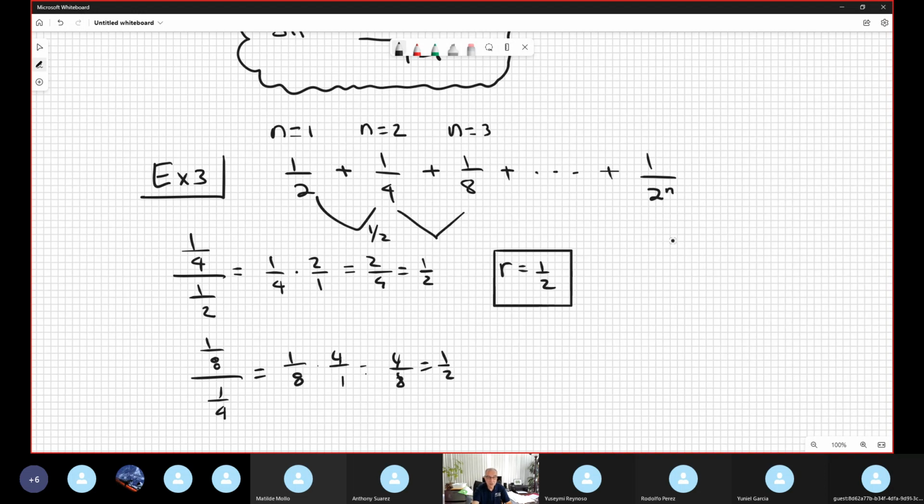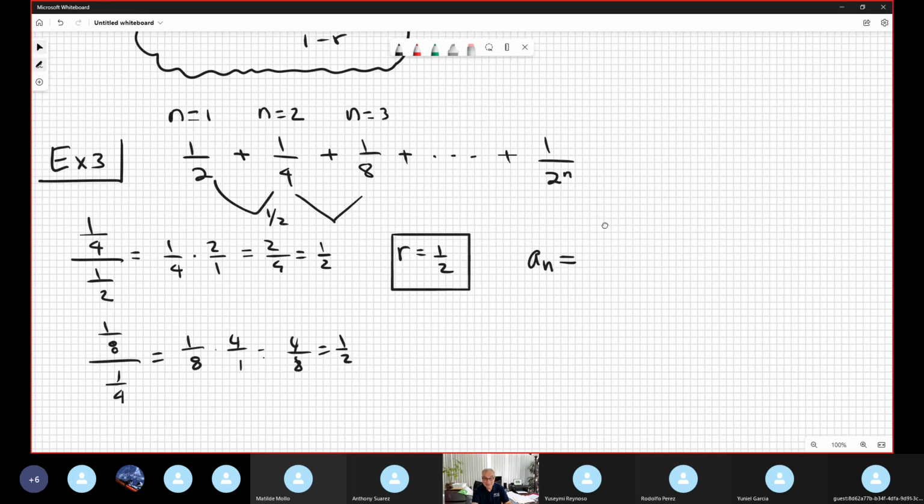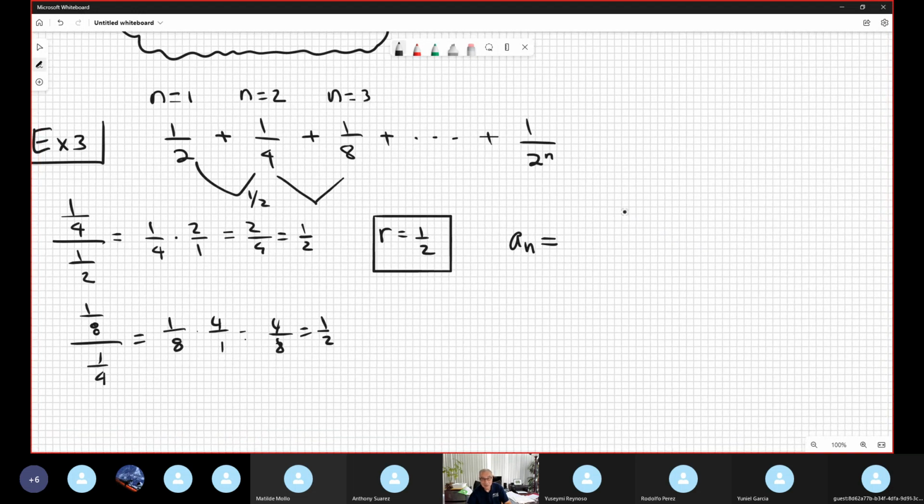So, what is the formula? The A sub n formula in general is A1 times r to the n minus 1. And who is A1? A1 is 1/2 in our example. Who is the common ratio?